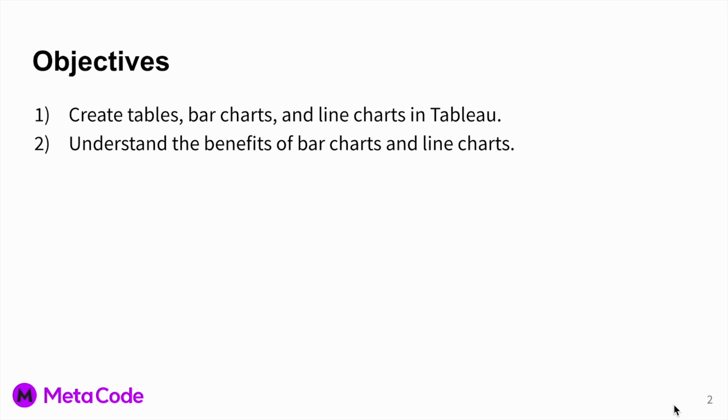We'll start by building a simple table, and then we'll move on to creating bar charts and line charts. These are foundational visualizations that you'll use all the time. As we build these charts, we'll also talk about when to use them and why. For instance, bar charts are great for comparing discrete categories, while line charts are useful when you're showing trends over time.